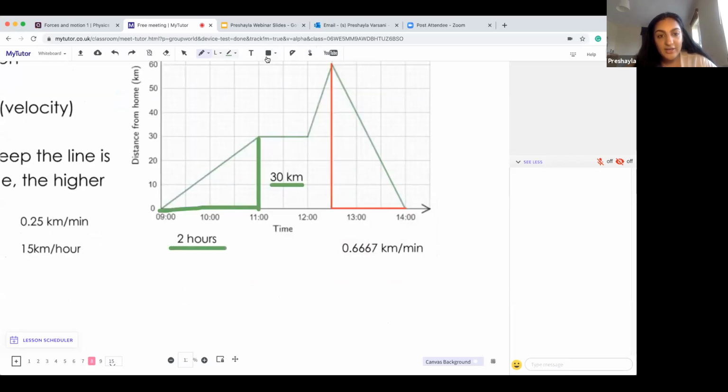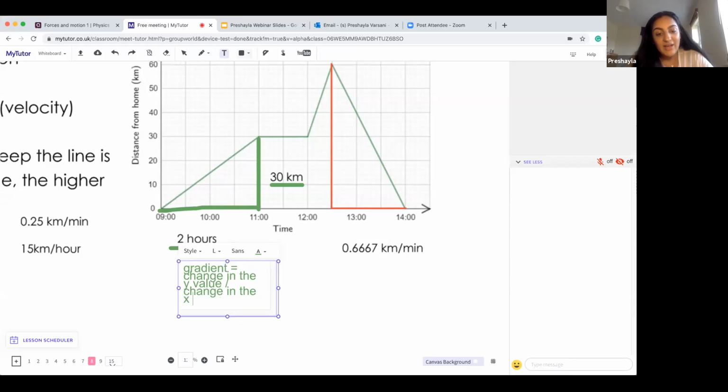To find the gradient, we need to divide them by each other. So the change in the y value, or distance in this case, divided by the change in the x value, or time.